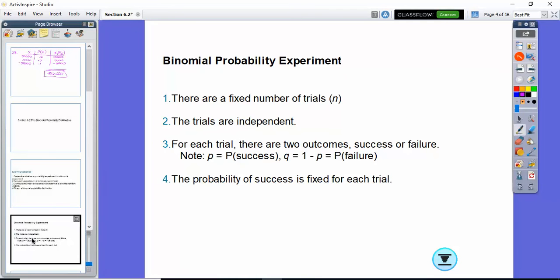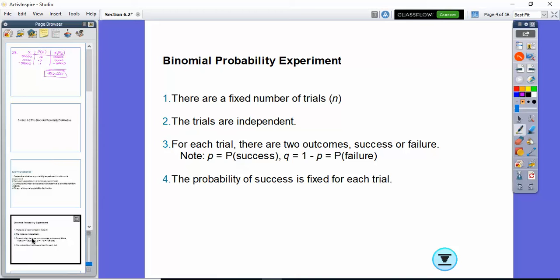To be a binomial, there has to be a fixed number of trials. So I had to be looking at 2 people or 6 people or the whole 15 people, but there's a fixed number. I'm not just going up to infinity. They are independent. Whether or not Corey did his homework does not impact if Anna did her homework. They don't change each other.